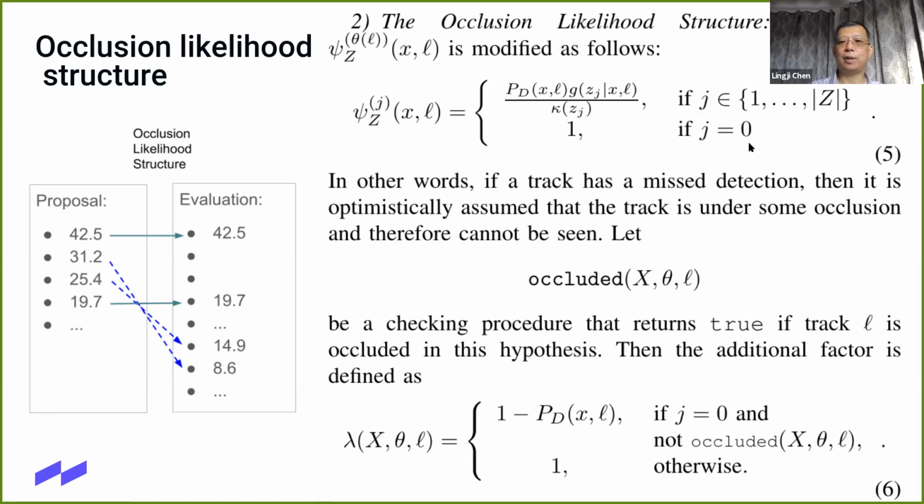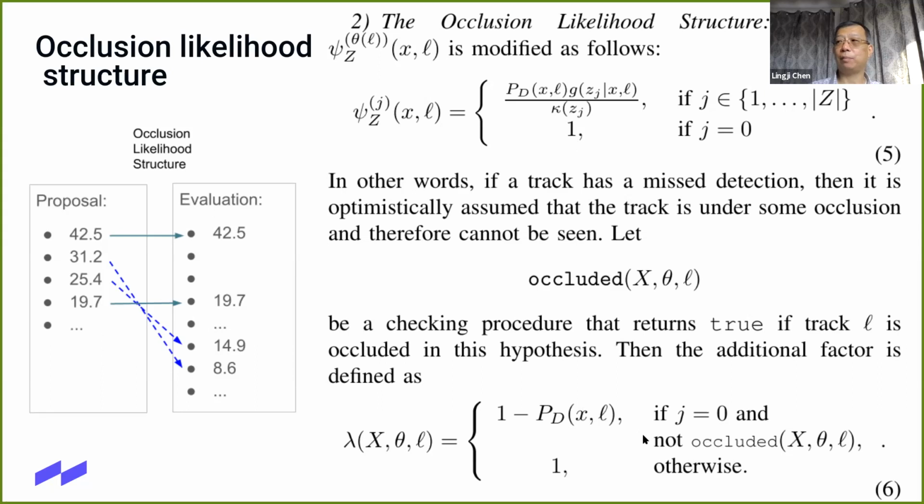If it's 0, meaning the track is misdetected, then usually we would put 1 minus PD here. But to put it into the framework with lambda, we would move this term into lambda. So we would say if it's misdetected, we will just give it the benefit of the doubt. We say it's occluded by something, and that's why we don't see it. So we'll put 1 there.